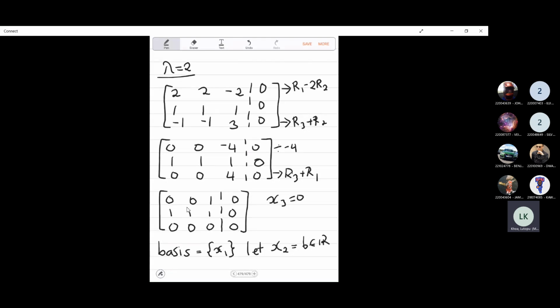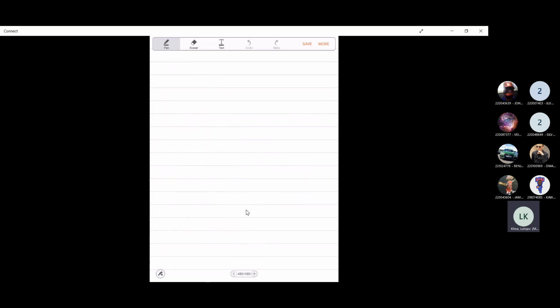So I have x1 plus x2 plus x3 is equal to 0. So this is x1 plus b plus 0 is equal to 0. So this means that x1 is equal to minus b.